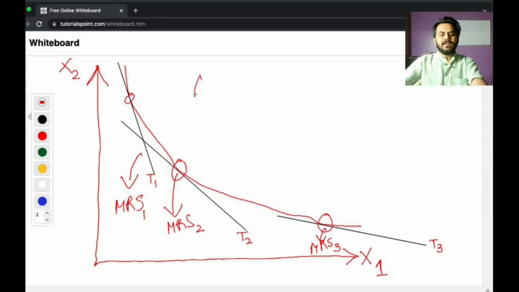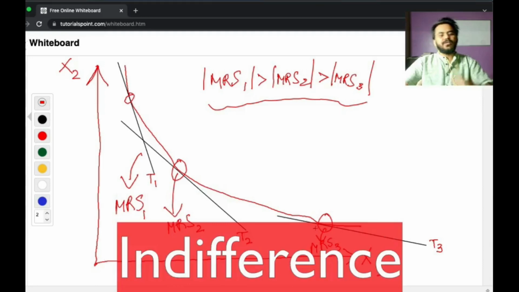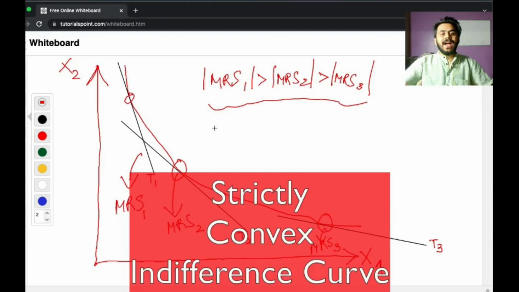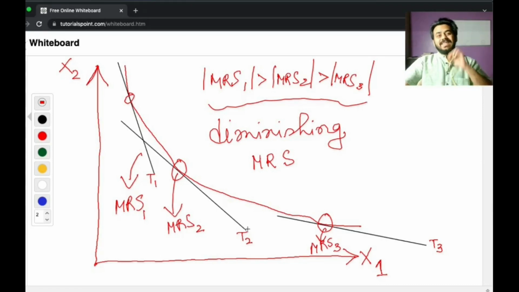So you can say that mod of MRS1 is greater than mod of MRS2, which is greater than mod of MRS3. When you have a strictly convex indifference curve, you will have a diminishing MRS. So this is a very good way to check the convexity of your indifference curve.